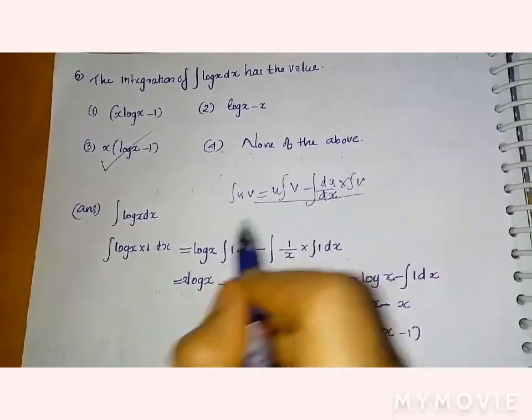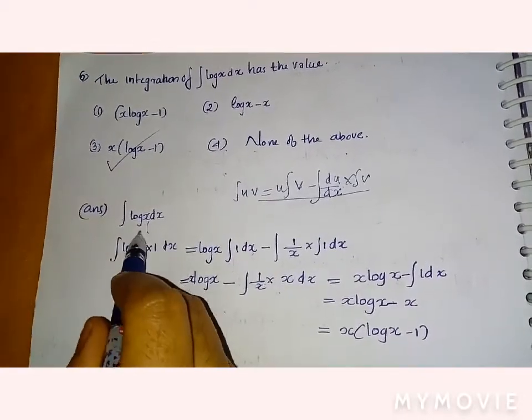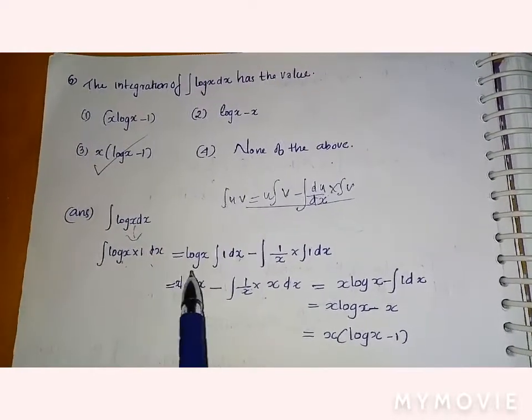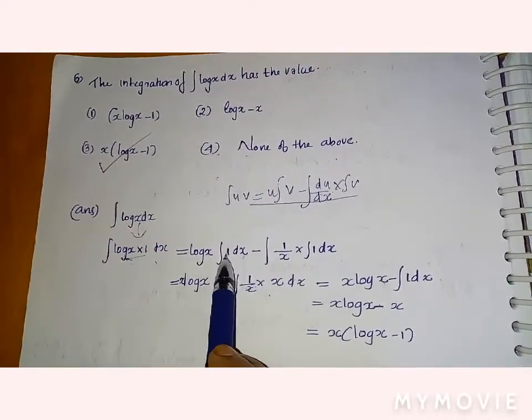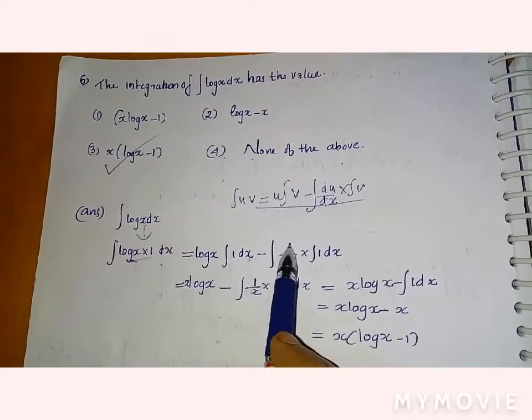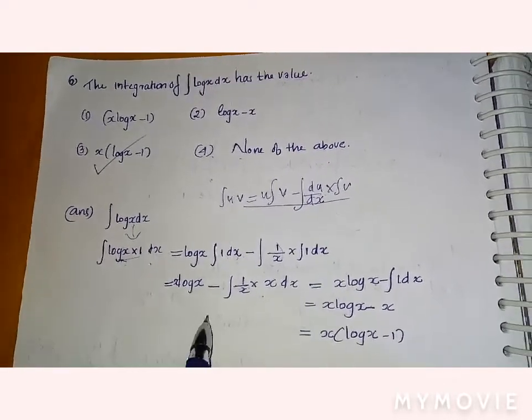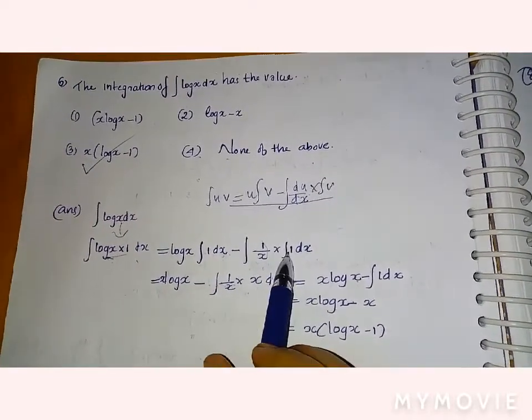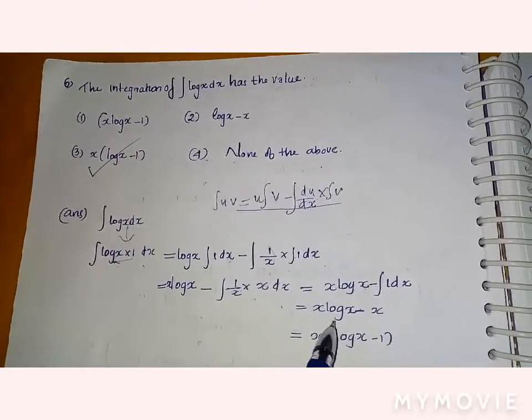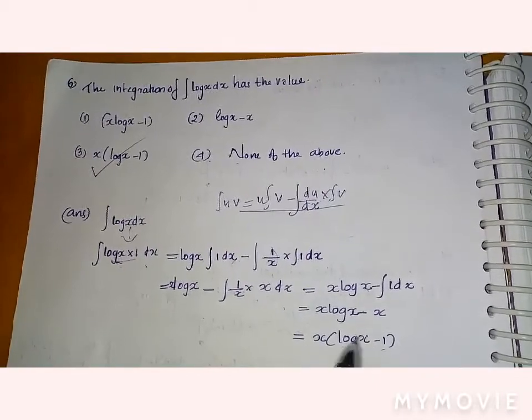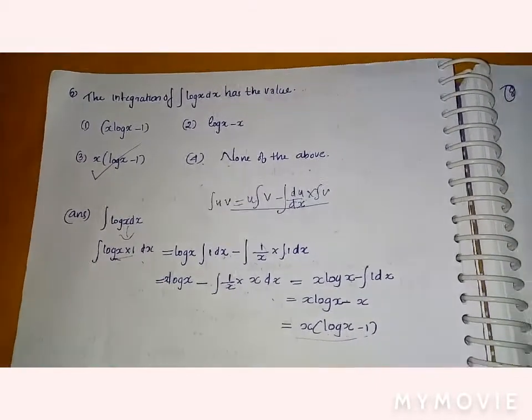Here log x can be rewritten as log x into 1. So first function into integral of second means log x into integral of 1 dx, minus integral of derivative of first, log x derivative is 1 by x, into integral of 1 dx. Integral of 1 is x. So we get the answer as x into log x minus 1. Okay, that is the answer.